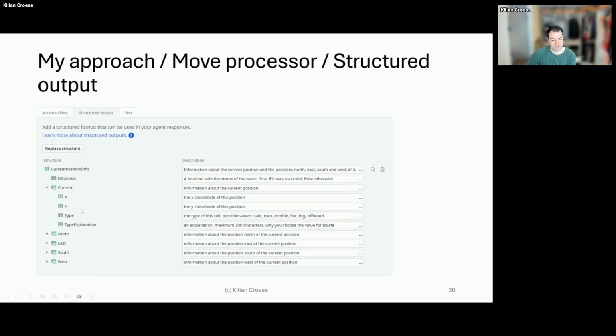And for all of those cells, I want to know what you think is the X coordinate, the Y coordinate, the type. And I think also important while developing and debugging is to also ask it for an explanation. So, hey, please tell me, in a maximum of 300 characters, why you gave this cell a certain type.